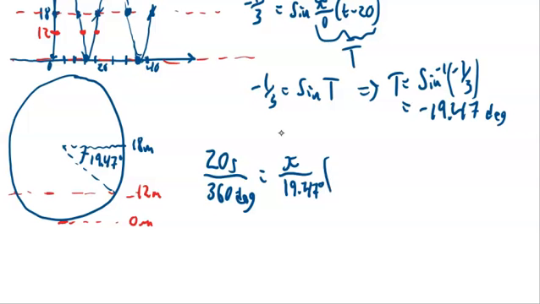So we'll isolate X by multiplying both sides by 19.47 degrees, so that it cancels out, and we're left with X equals something.